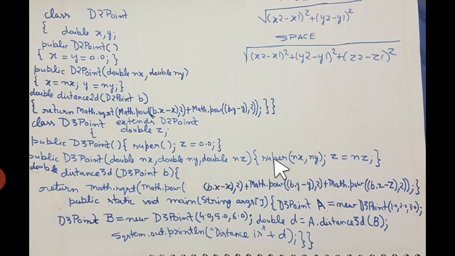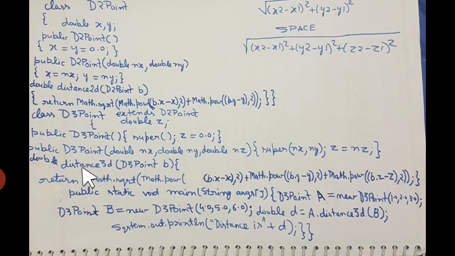Now after that, students, we have here double distance3d with D3Point b. That is the object which we are passing through this. So return Math.sqrt, Math.pow. Now just see the formula: square root of (x2 minus x1) whole square plus (y2 minus y1) whole square plus (z2 minus z1) whole square.